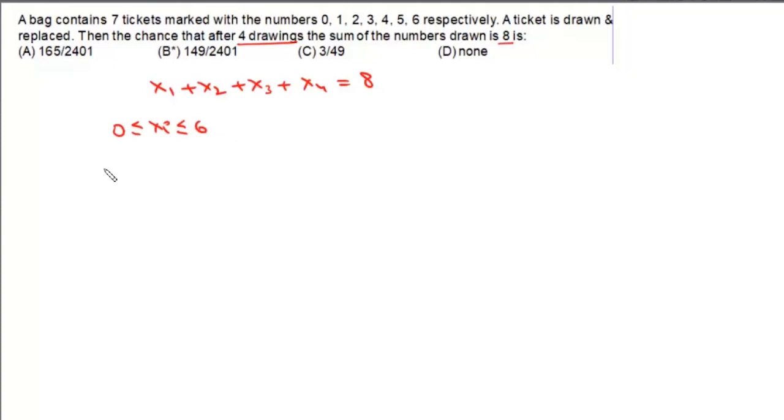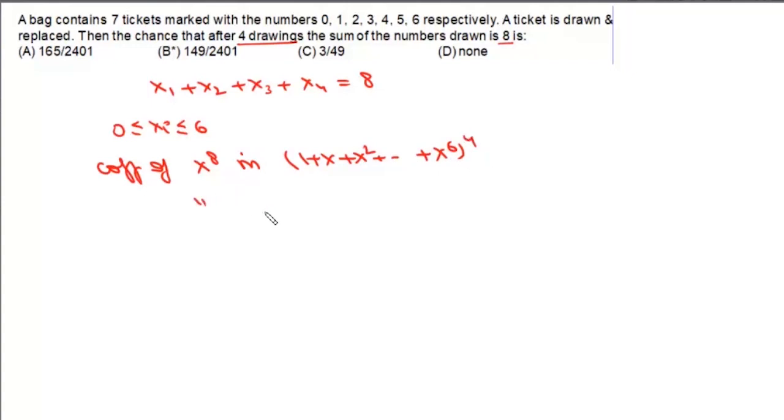Now we can model the problem using the binomial theorem. So we need to find the coefficient of x to the power 8 in the expansion of (1 plus x plus x square up to x to the power 6) whole to the power 4.